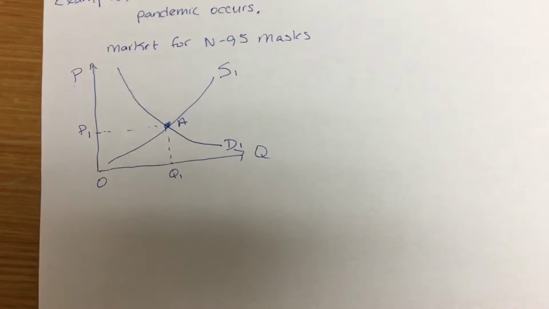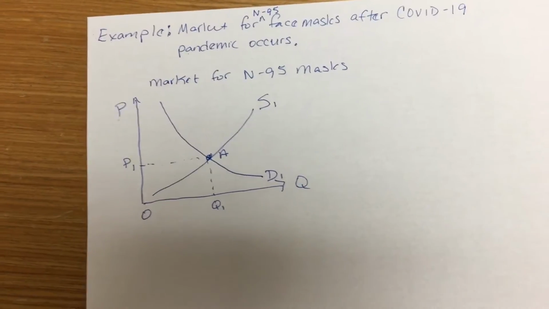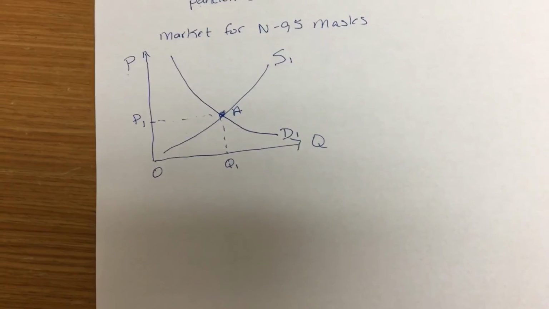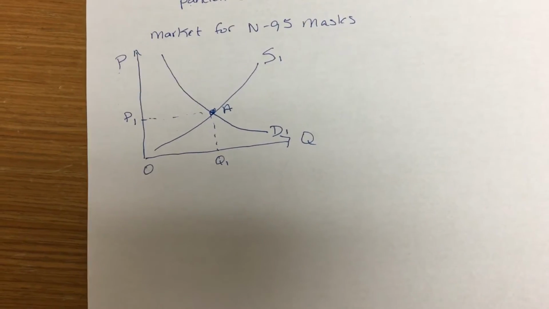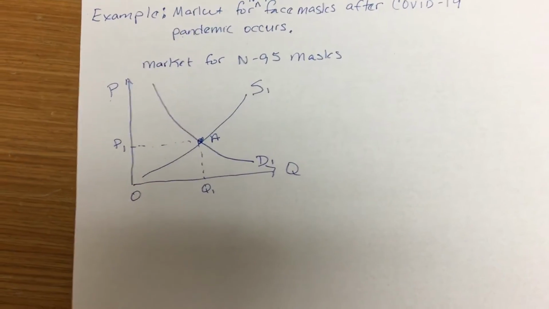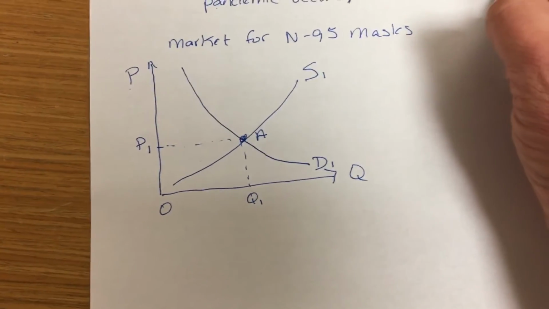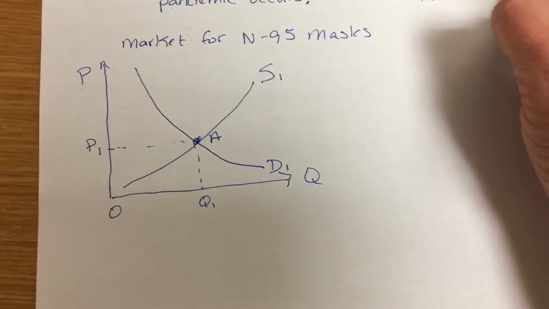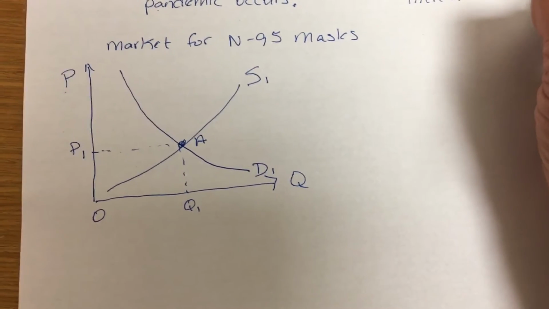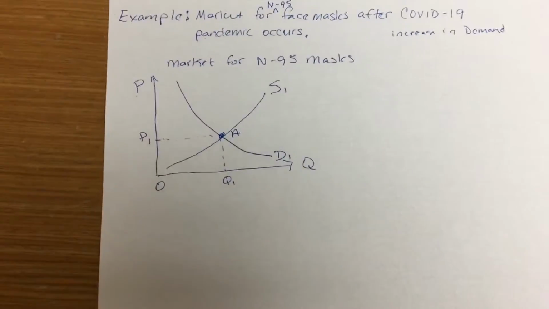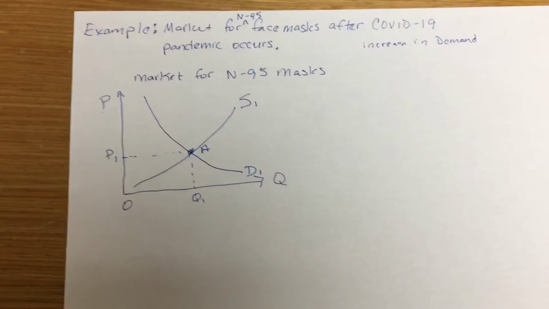If you went to Home Depot, the shelves were just wiped out. I know my friends who are in construction and painting and whatnot began to have some problems because of this. So we did see an increase in demand. All right, so that completes step 2.